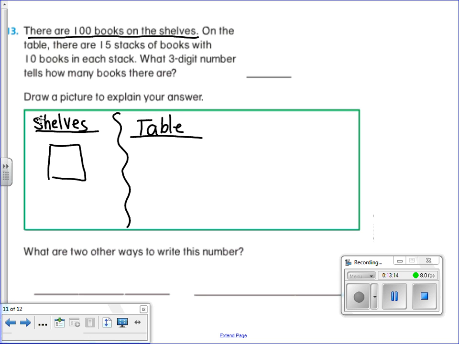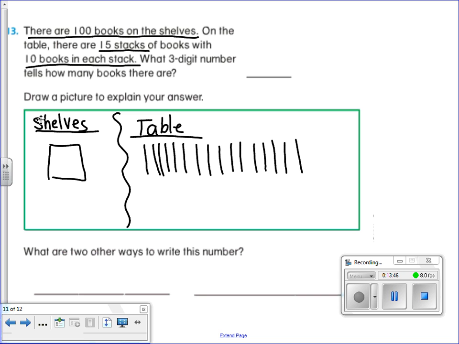Hundreds, tens, ones, what can I draw? 15 stacks, 10 books in each stack. So if I draw a 10, that's one stack, right? There's 10 books in that stack. So 15 stacks. That's how many books there are on the table.